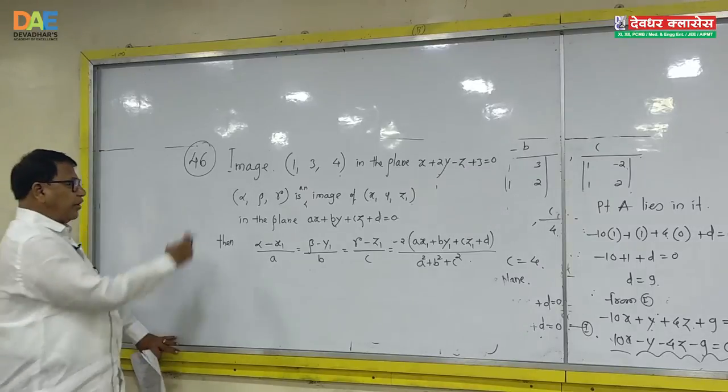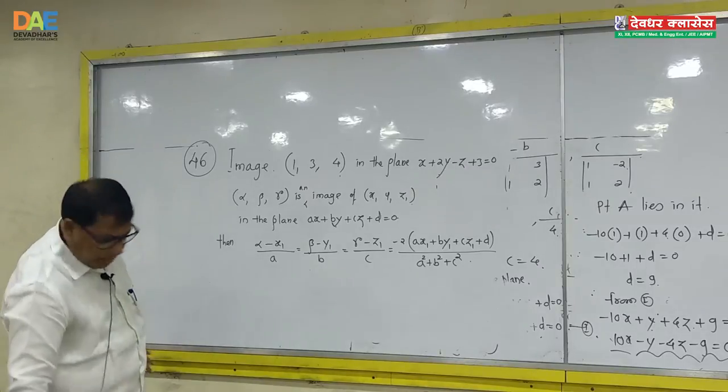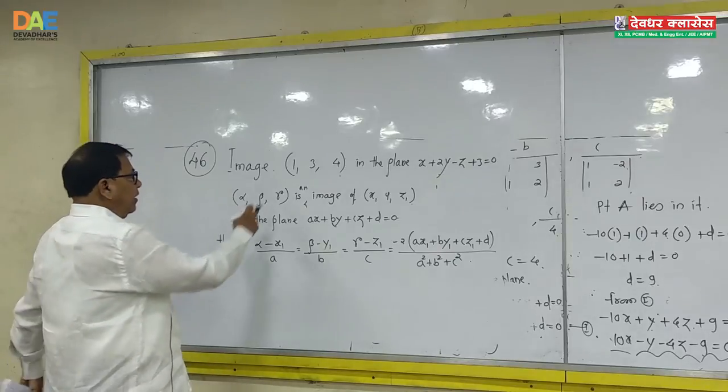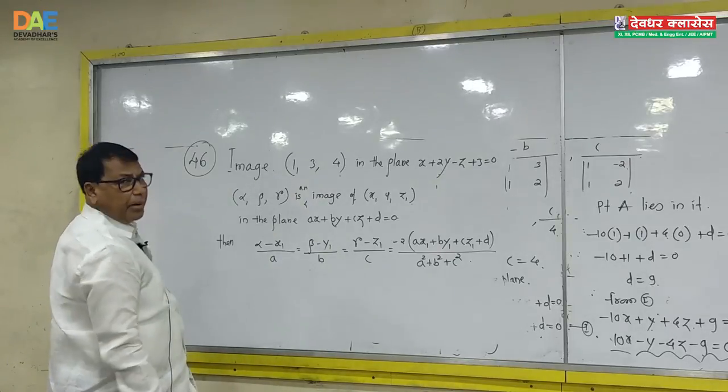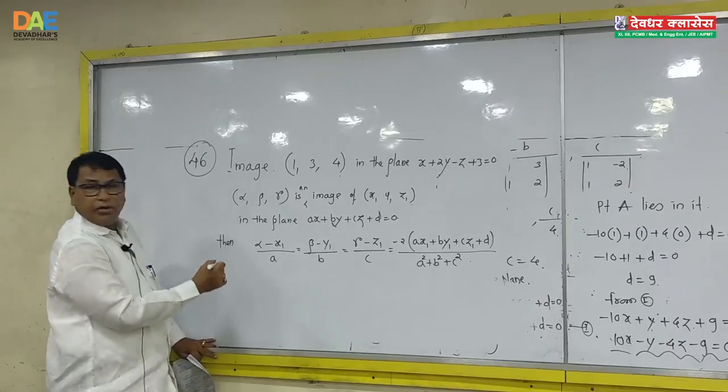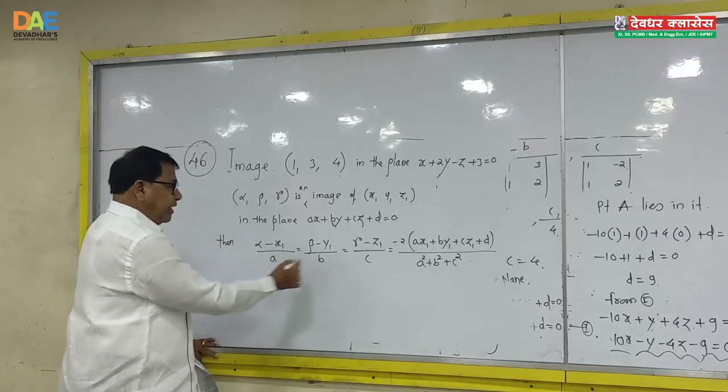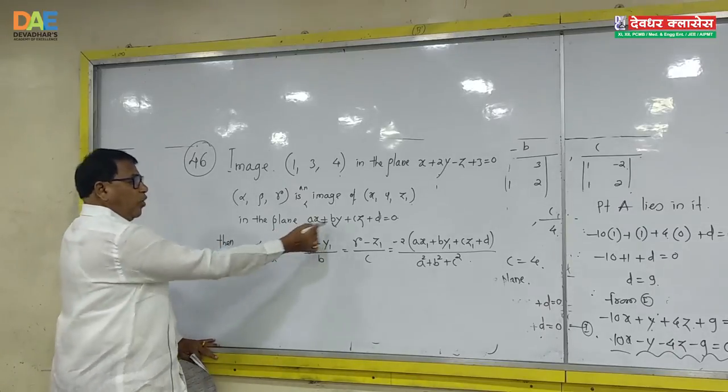Right, listen here. Now, whose image is to be obtained here? 1, 3, 4. Let alpha, beta, gamma be the image. Now what are the DRs here? A, B, C are the DRs of the normal to the plane.